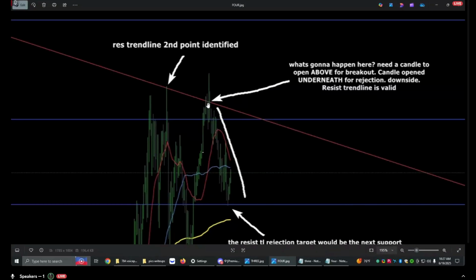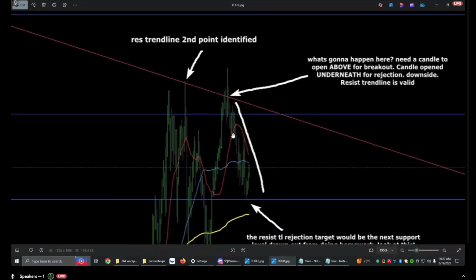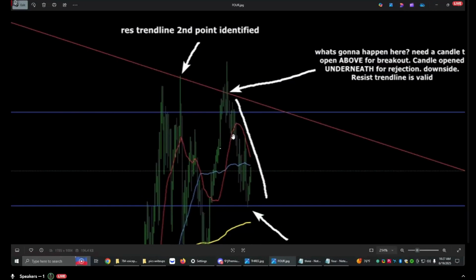And if you did go short, well, now what? What is your target? Your target would be the next support line that you drew, or just a point of interest. See, it touched the MA here and rebounded here also.